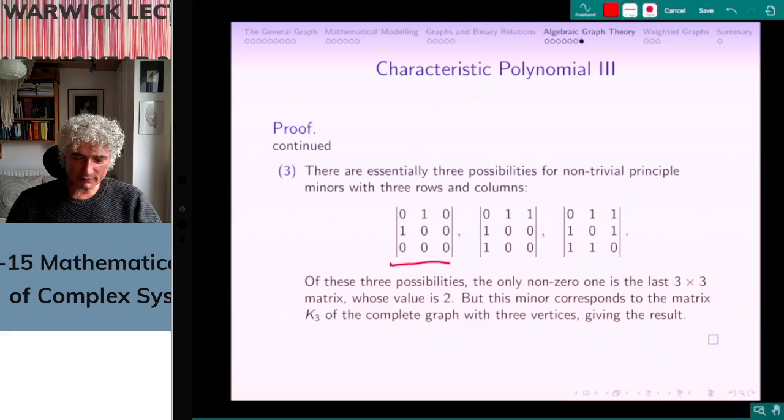It can only be of this form, or this form, and only the last one, so this one, contributes actually a value of 2 to this coefficient, and that exactly gives you the conclusion of the proof, how many triangles there are in this graph represented by the adjacency matrix.